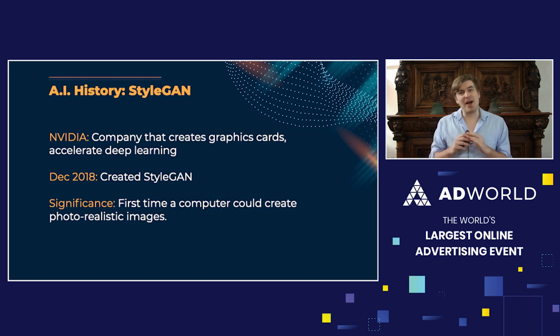They speed it up by as much as 60 times. So NVIDIA, in December of 2018, created a program called StyleGAN, and this was so important because it was the first time a computer could create images that looked real. It could create something from nothing and fool people into thinking that it was real.